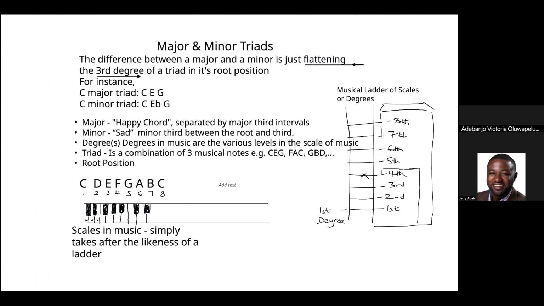Now let's look for our third degree. What's our third degree in this scale? One, two, three. That's E. Awesome. E is our third degree. So if you are to flatten, we've also established that when you are flattening a note, you are moving which direction?